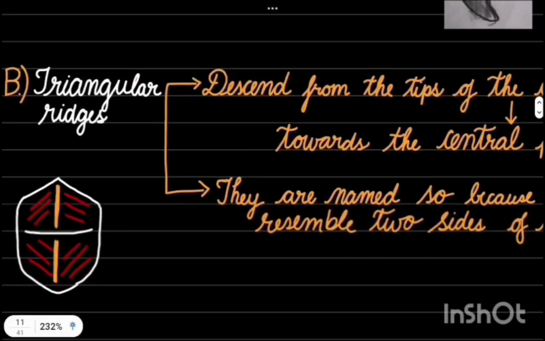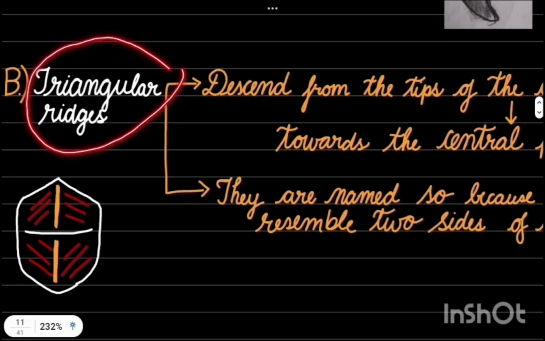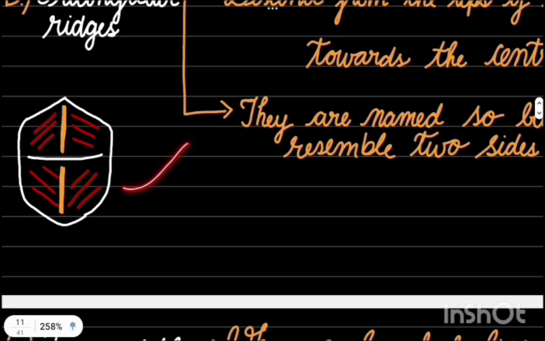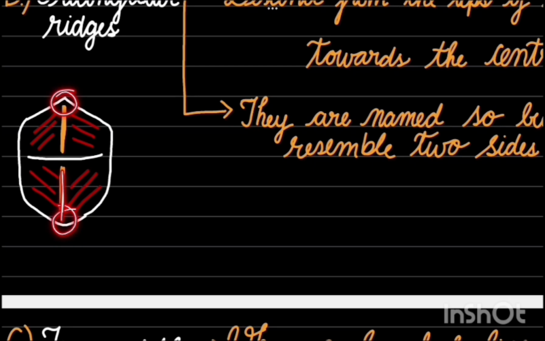Next we have the triangular ridge. Now in this premolar, from here this is a cusp tip, this is also another cusp tip. The ridge which moves from the cusp tip to the center of the occlusal surface is called the triangular ridge. But now you will say, no, this ridge does not resemble a triangle.